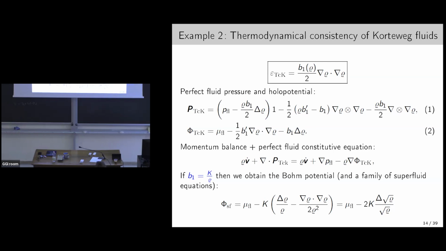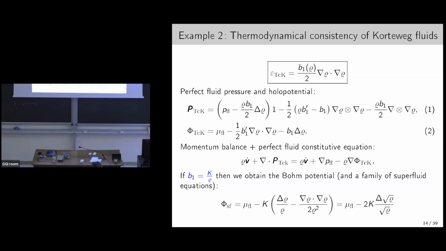And if B1 is K over rho, then we obtain the Bohm potential. So this is a particular form of the Bohm potential. And you see, by the way, after some transformation, we get the Bohm potential and the fluid chemical potential as well.